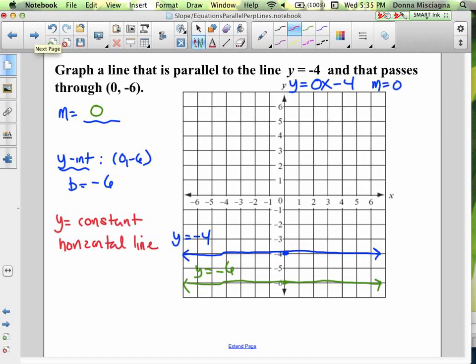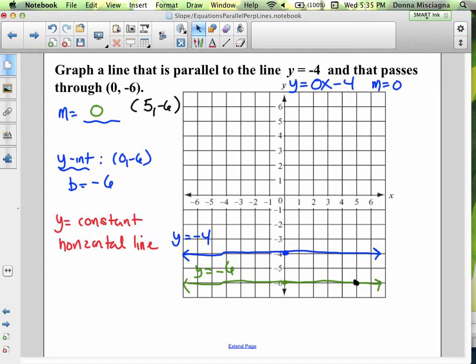Your parallel line will also have 0 slope and will also be a horizontal line going through whatever point you're given. We could still graph this even if we weren't given the y-intercept. So for instance, what if they said it was going through the point (5, -6)? All right, well, here's the point (5, -6), and it's still going to be a horizontal line.